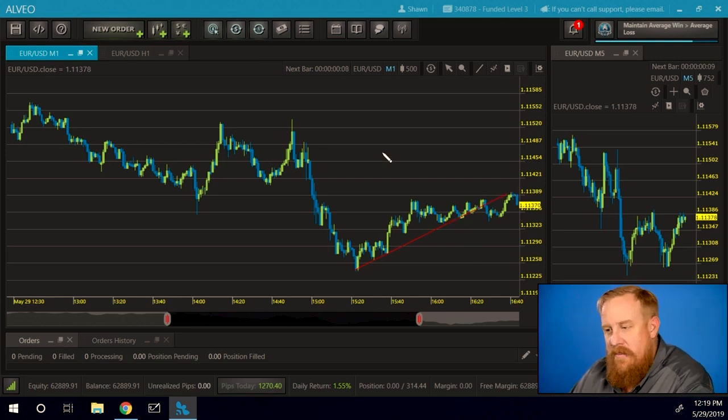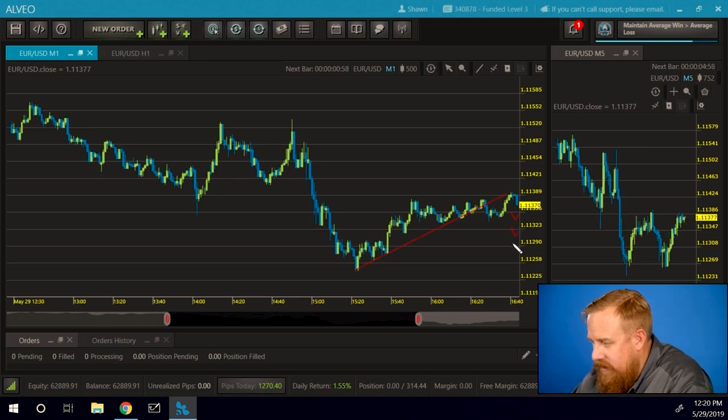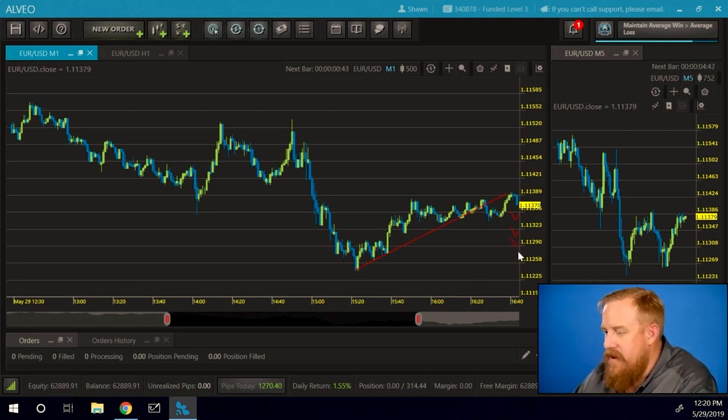So again, eyeballing it, you would expect the market to have reversals somewhere in here, somewhere in here, somewhere in here. And if not in that zone, I drew that just a little bit off. And if not in that zone, then a full retracement all the way back down.